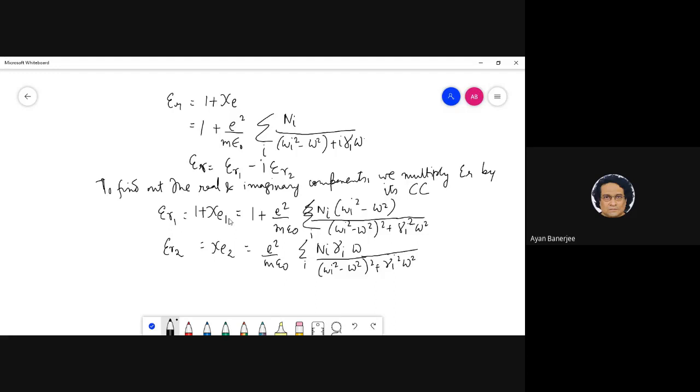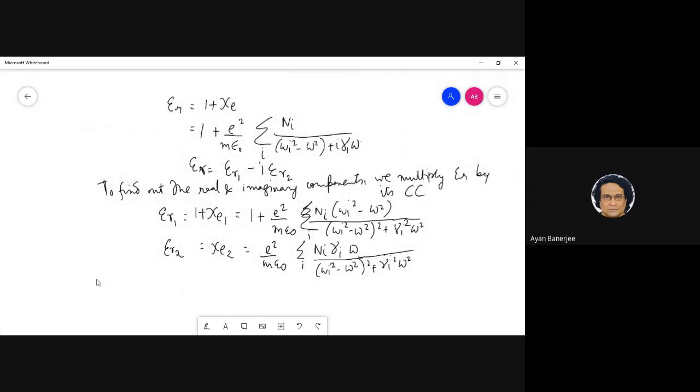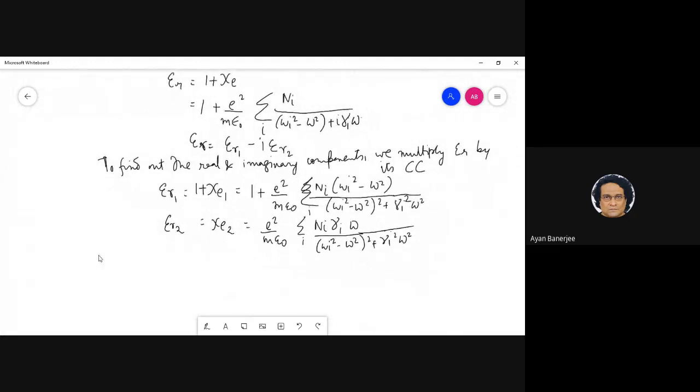And now if we plot these two, this is very, very interesting. We are finally going to connect the refractive index and all that.